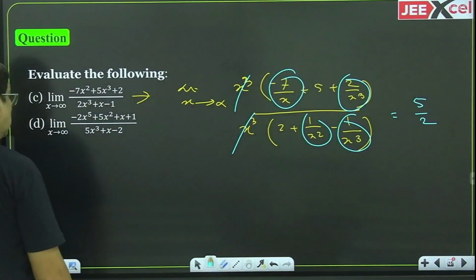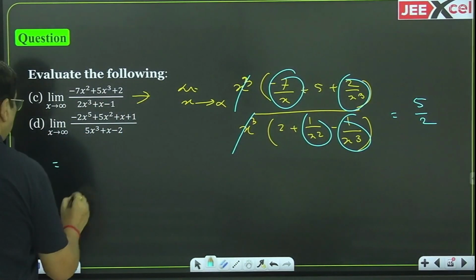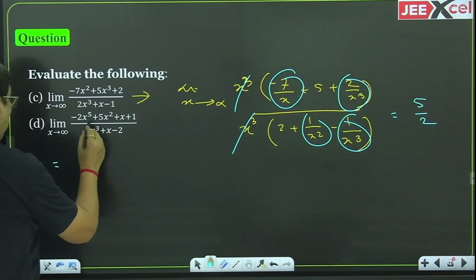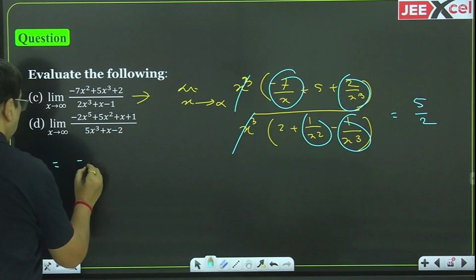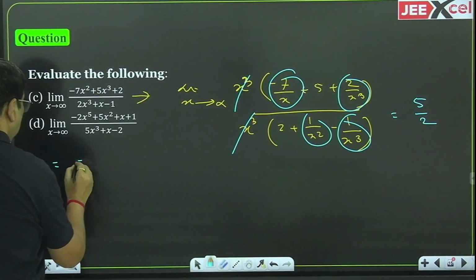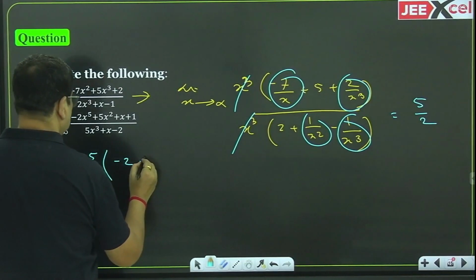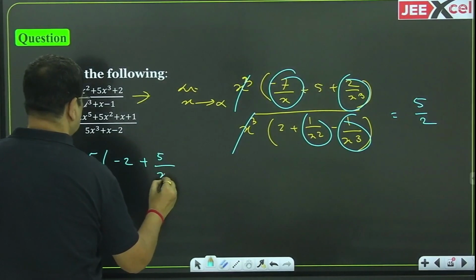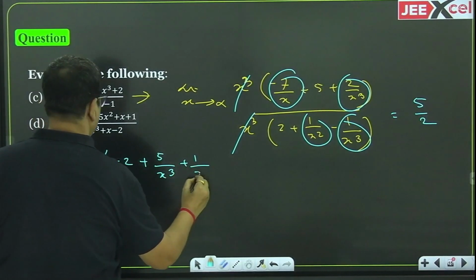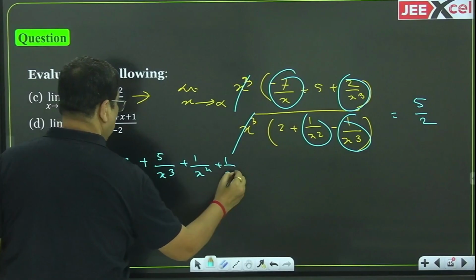Once again, for this sum what to do? Once again take x to the power 5 common here, so x to the power 5 times (-2 plus 5 by x cube plus 1 by x to the power 4 plus 1 by x to the power 5).